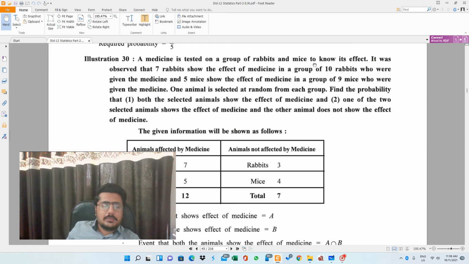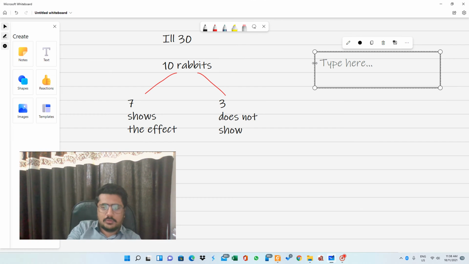In a similar way, 5 mice out of 9 mice show the effect. So in total, there are 9 mice.